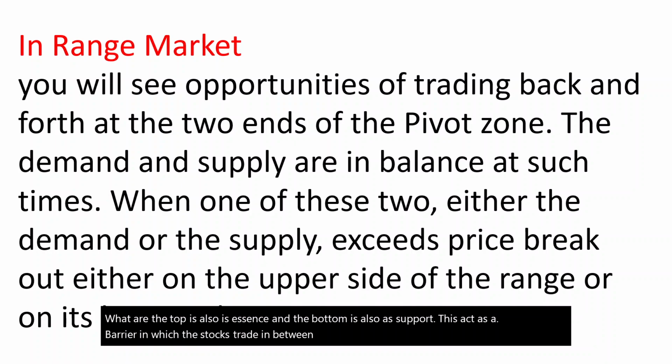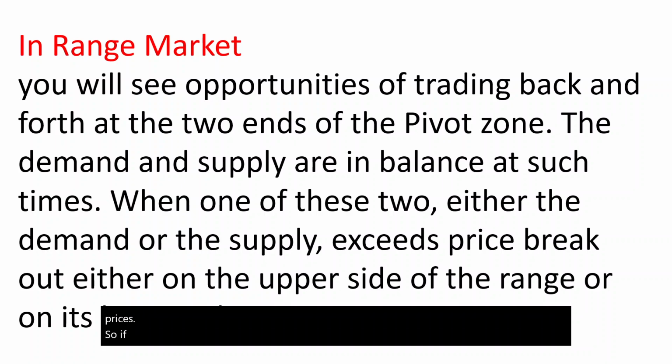This means that demand and supply are balanced at this time, and nobody is raising or lowering their prices. If demand or supply exceeds, then the breakout happens on either side, either upside or downside.